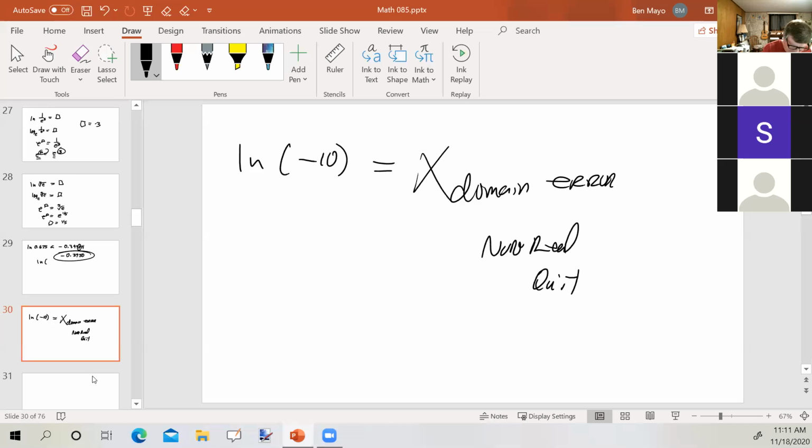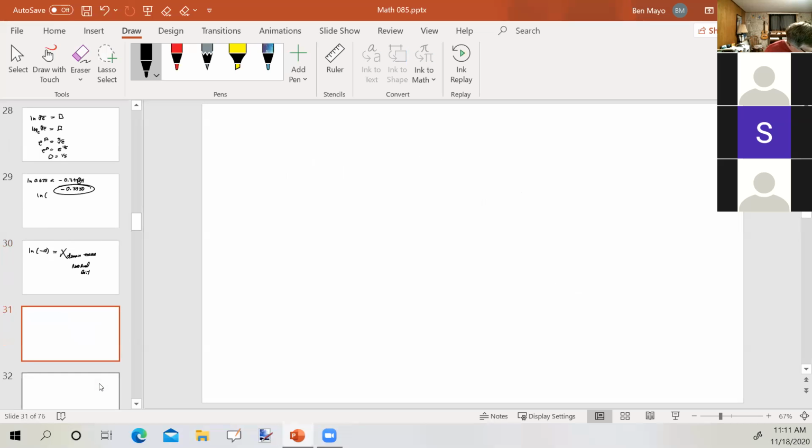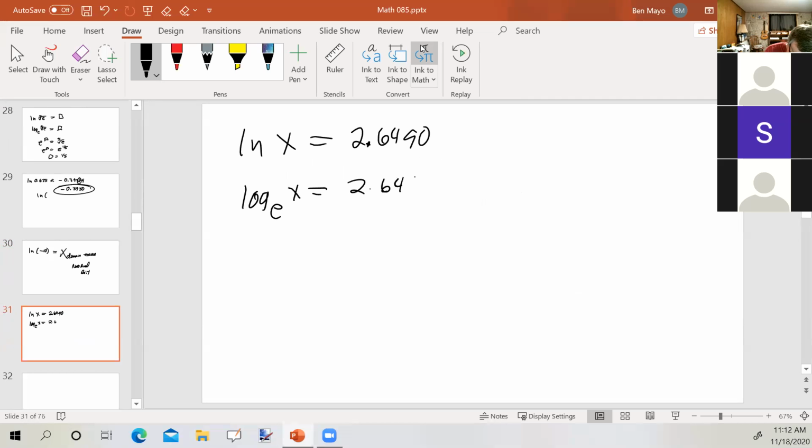All right. Now, how about this? The natural log of x equals 2.6490. And it says, solve each equation, express all answers to 4 decimal places. Well, this is the same thing as log base e of x equals 2.6490. Okay, because ln, natural log, is log base e. This is a logarithmic equation.